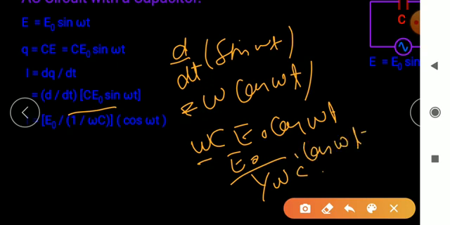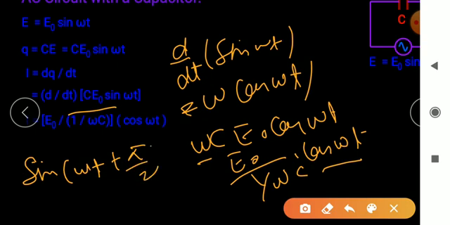And we know that cos omega t equals sine omega t plus pi by 2.